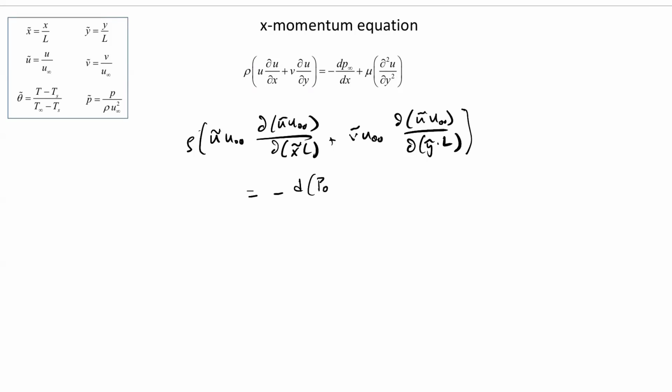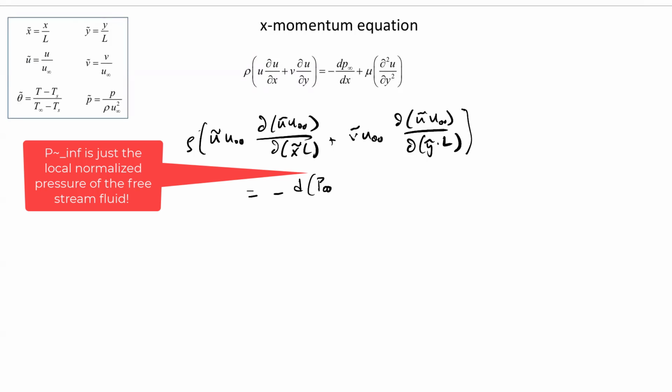So this is normalized P infinity times rho times u infinity squared. So that's all in the numerator, and then we divide that by dx tilde times L. So this up here, it should be, why does that?